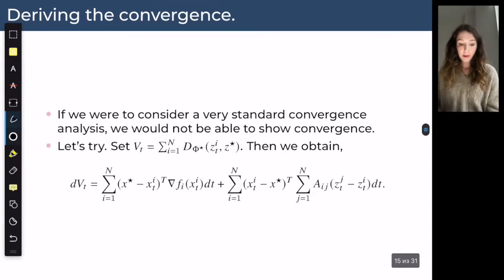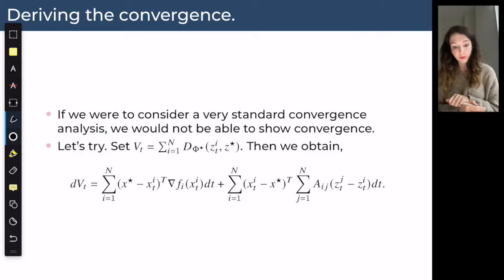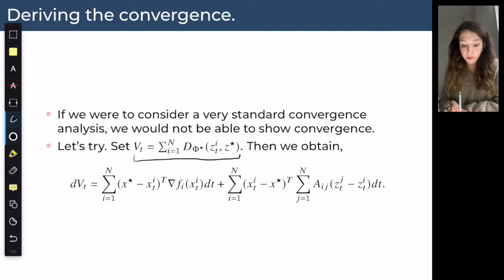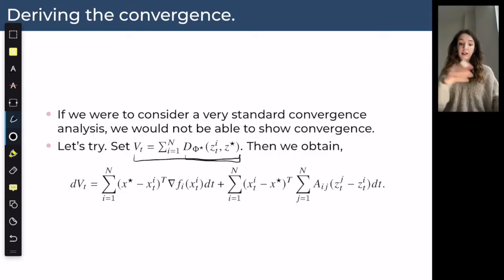So let's try to generalize the convergence analysis that we had for the regular mirror descent in the previous part of the talk, generalizing to the fact that we now have distributed optimization. So for our Lyapunov function, let's take the sum of all of these individual Bregman divergences between Z_t^i and our optimum in the dual space, z star.